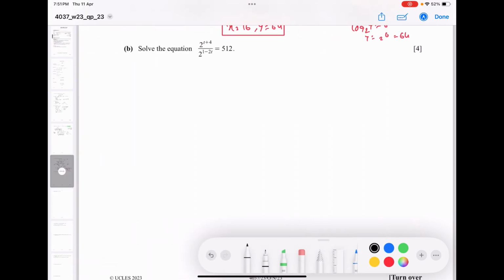Just check, you know that a to the power m divided by a to the power n equals a to the power m minus n. Since the base is the same on both the numerator and denominator sides, we can write 2 to the power t plus 4 minus 1 minus 2t equals 512.